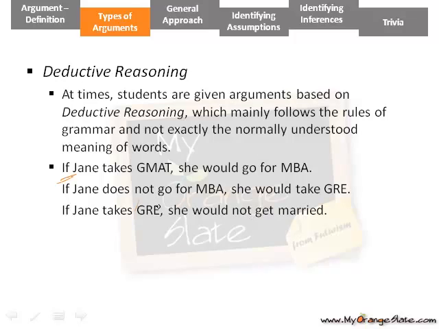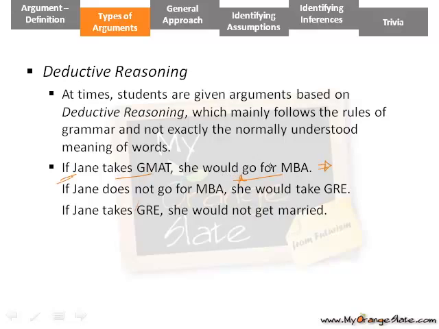Now friends, if we see, in case of this argument, if Jane takes GMAT, she would go for MBA. The only thing we can say is, if she does not go for MBA, she would not take GMAT. That means we can reverse the proposition by taking the negative of the sentence.